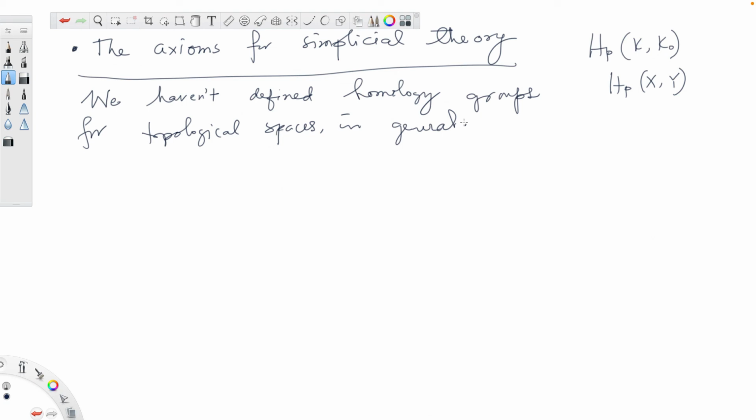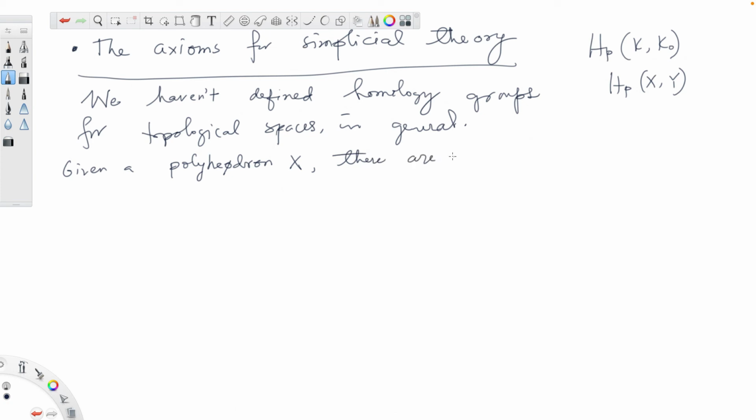Okay. Now, given a polyhedron X, what is a polyhedron? It's the underlying space of a given simplicial complex. So suppose that we are given a topological space X that is the underlying space of some simplicial complex.